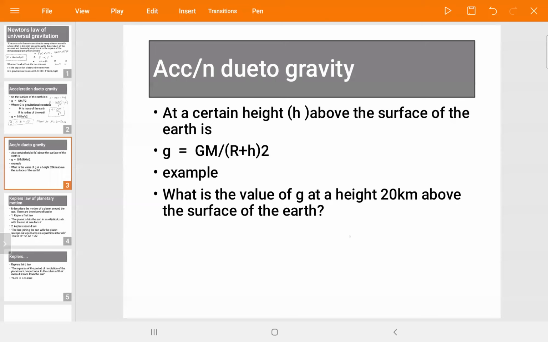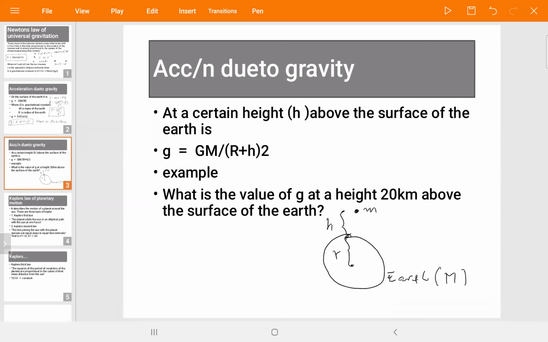For example, if this is Earth, and you put an object at a height of h above the Earth, let's say this one is a body with mass m, and the mass of the Earth is capital M. There is a distance r, which is the radius of the Earth, and a height h, which is the height at which the object is placed.